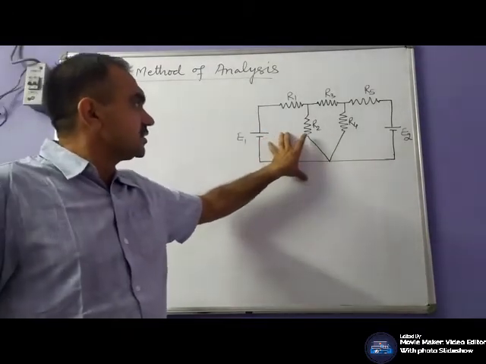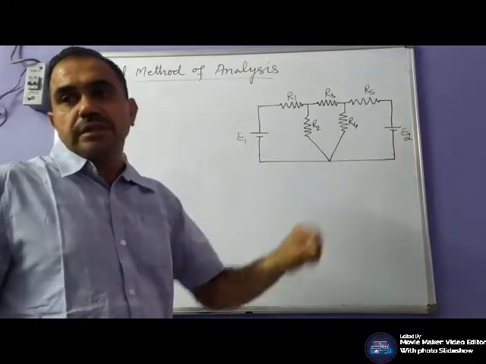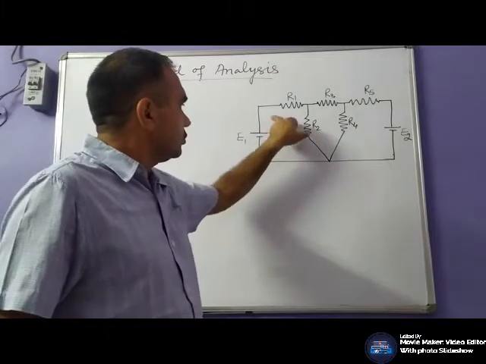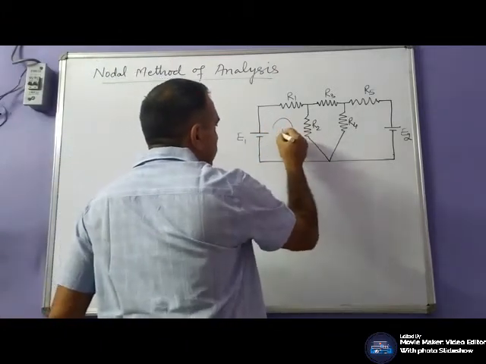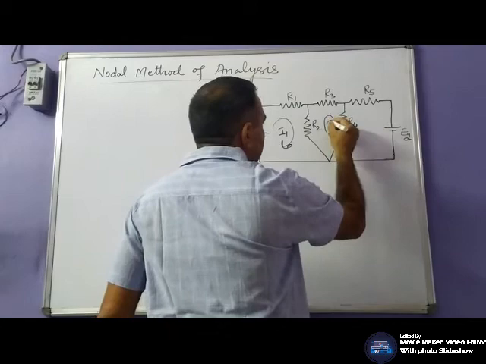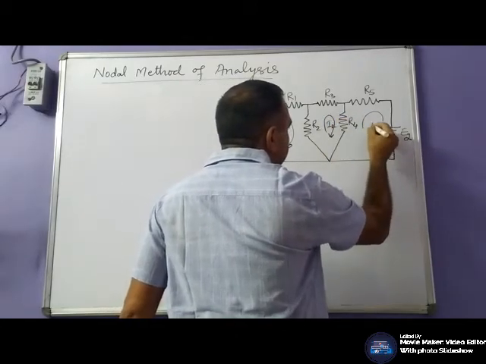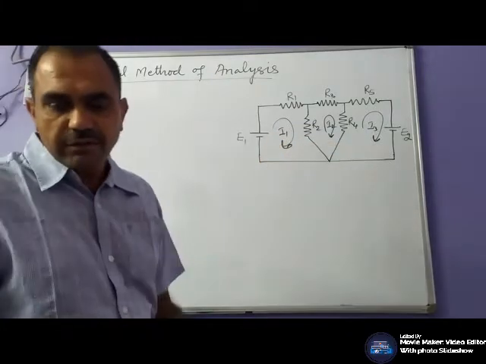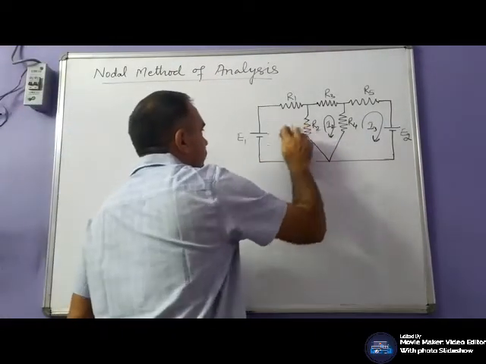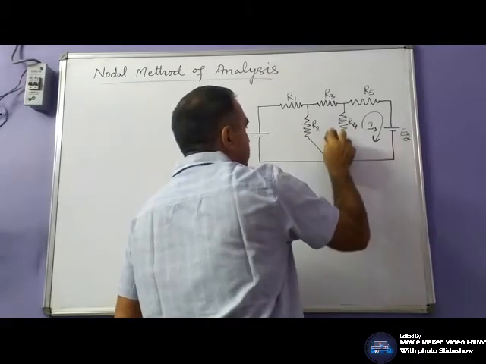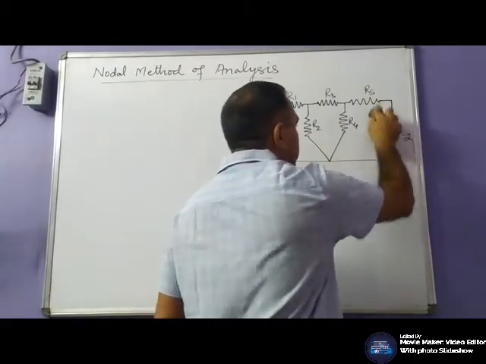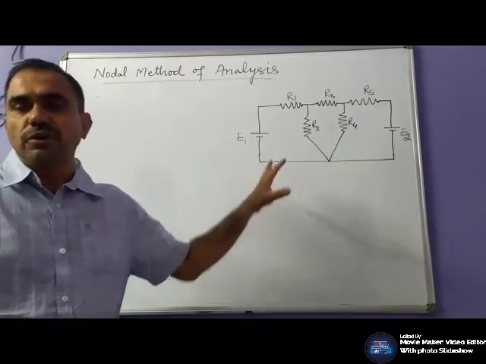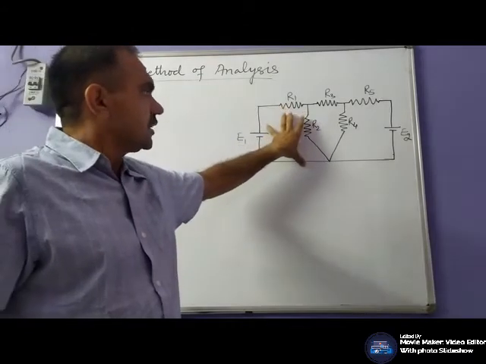If you solve this network using Kirchhoff's voltage law or loop current, you would have the three loop currents I1, I2 and I3, and you would apply Kirchhoff's voltage law. So now, in place of having loop currents, we are having nodes, and we will apply Kirchhoff's current law.